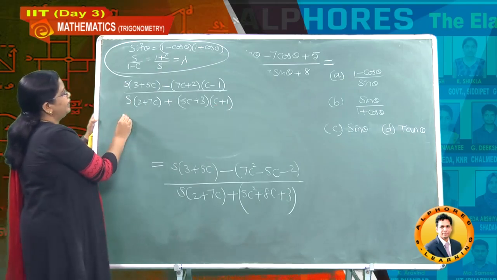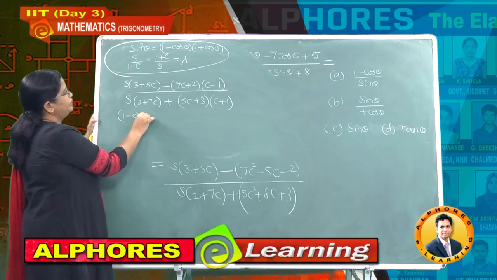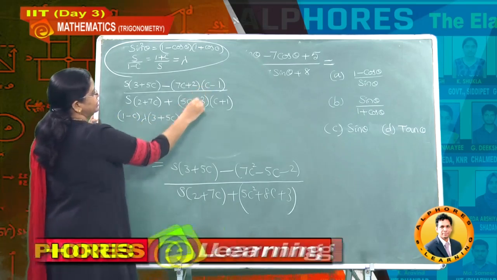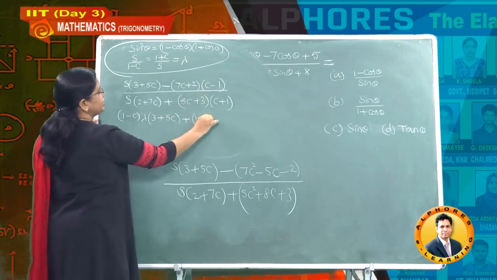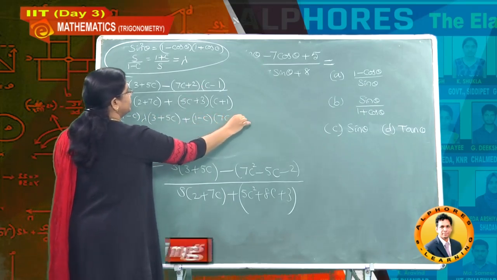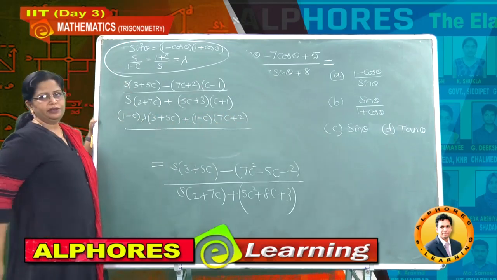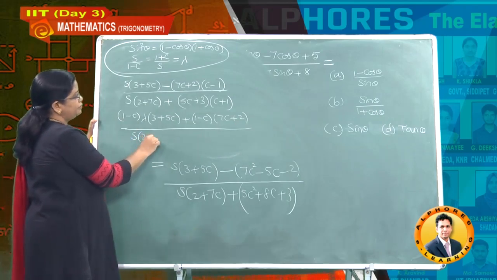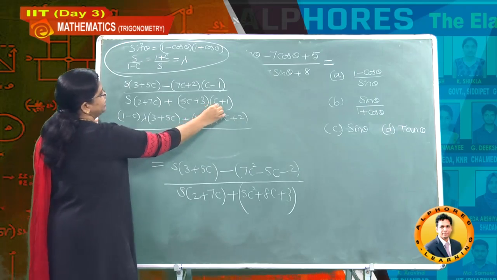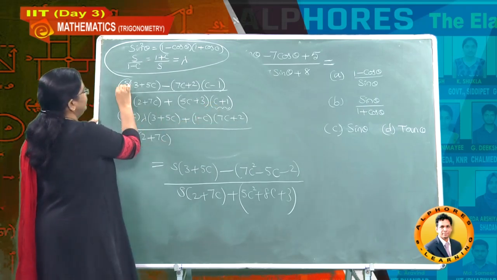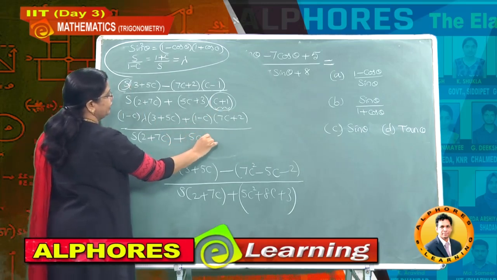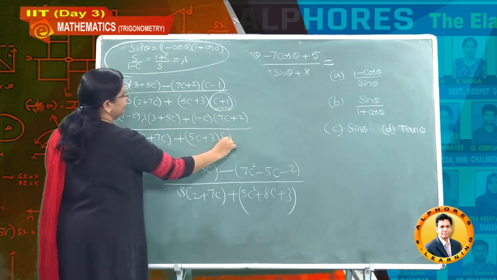Now here this sine, let us take 1 minus cos into lambda into 3 plus 5 cos minus here, so I am writing 1 minus cos here and 7 cos plus 2, divided by, now the denominator, if I write sine, I will put 2 plus 7 cos as it is, and now this 1 plus cos I am writing here, these two terms you are changing. So 5 cos plus 3, and now this is sine into lambda.